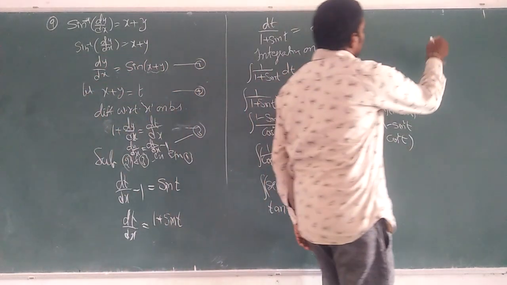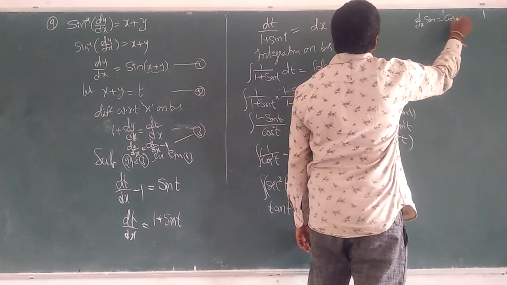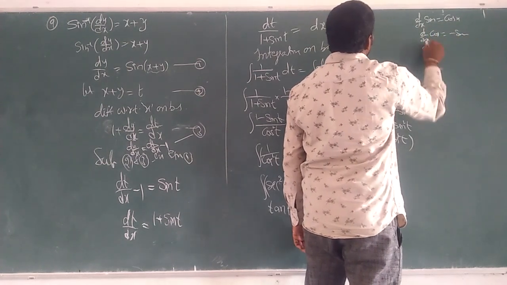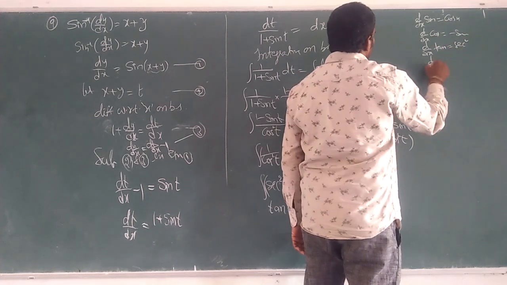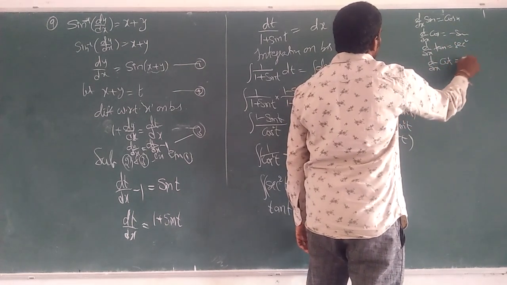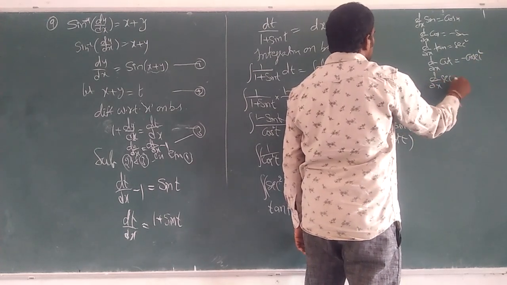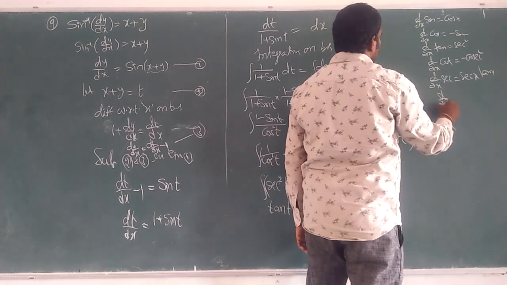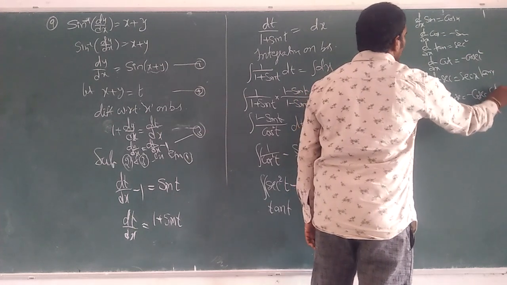Otherwise write here: the derivative of sin x is cos x, the derivative of cos x is minus sin x, the derivative of tan x is secant square, the derivative of cot x is minus cosecant square, the derivative of secant x is secant x into tan x, the derivative of cosecant x is minus cosecant x into cot x.